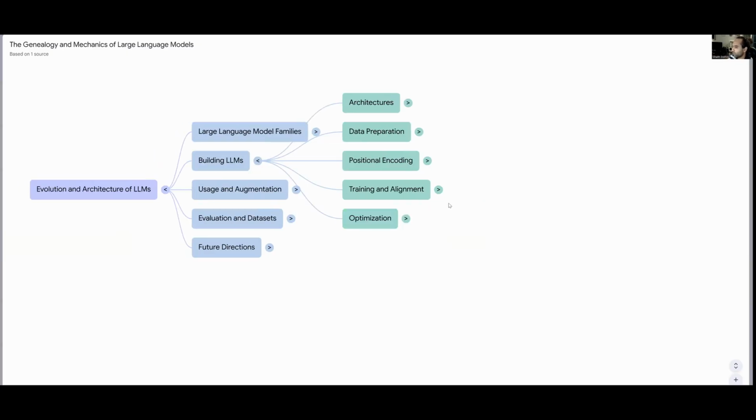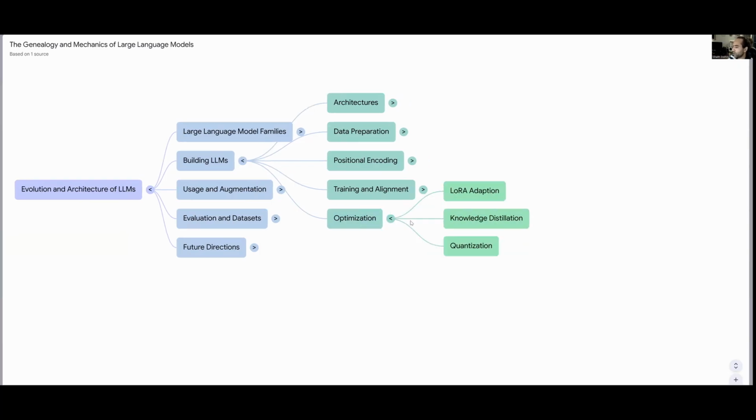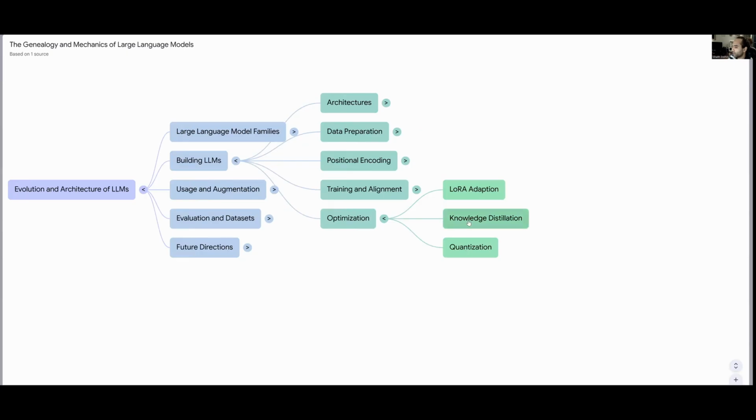Now, we can't talk about training without talking about optimization, which tends to optimize computational resources during model development and deployment. One of the most famous optimization techniques is called LoRA, for low-rank adaptation, and this is actually a parameter-efficient fine-tuning, or PEFT for short.